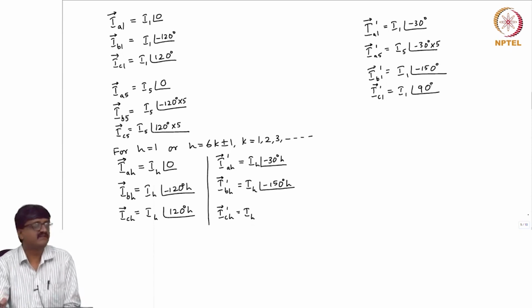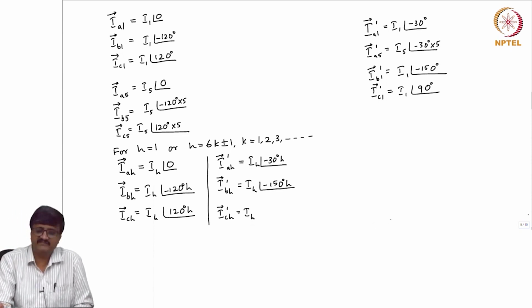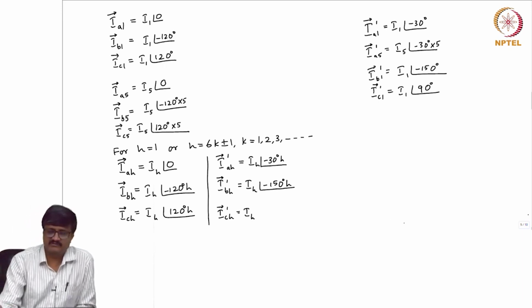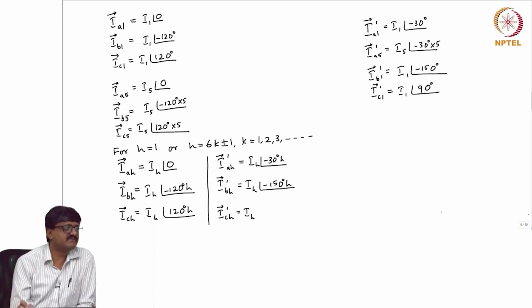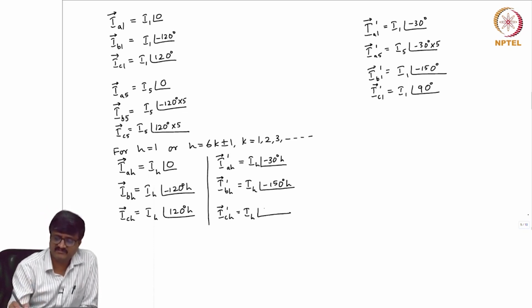So, from that I get IB5 prime, IB7 prime, IC5 prime, IC7 prime and so on. Okay. So, it is just multiplying that by h. Now, are these things familiar? How multiplying by h gives phase angle? So, this ICH prime is having a phase angle 90 degree into h.